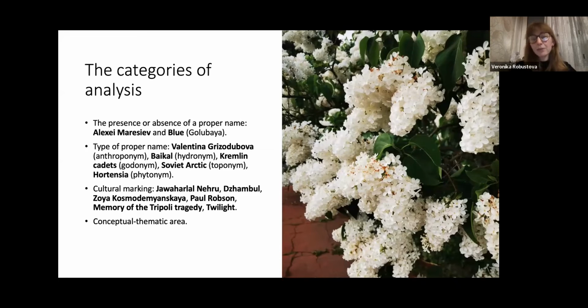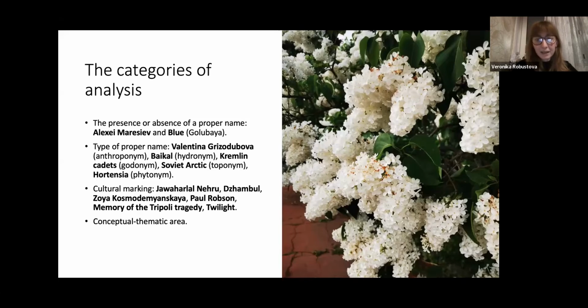He is the prototype of the character of a well-known novel, The Story of a Real Man. So now when I ask my students who Aleksey Maresyev was, not all of them remember him. And when we see his name, at least during our excursions in the botanical gardens, that's the occasion when we can tell them about the history of the country.